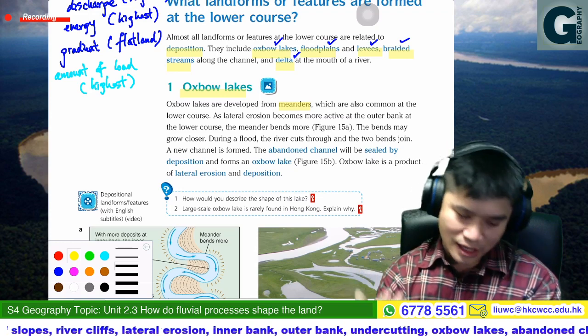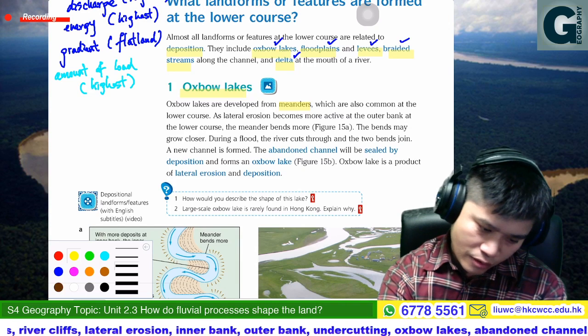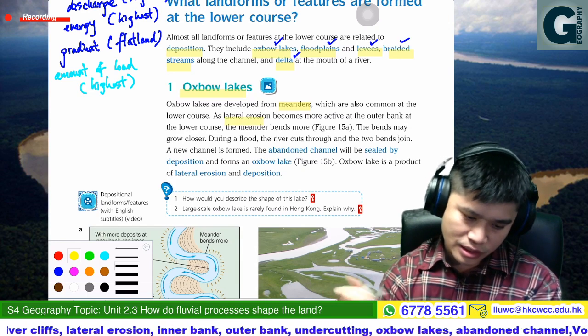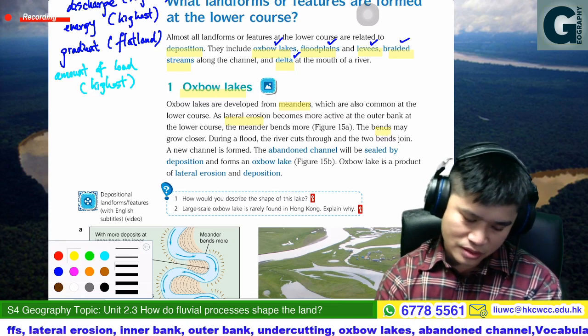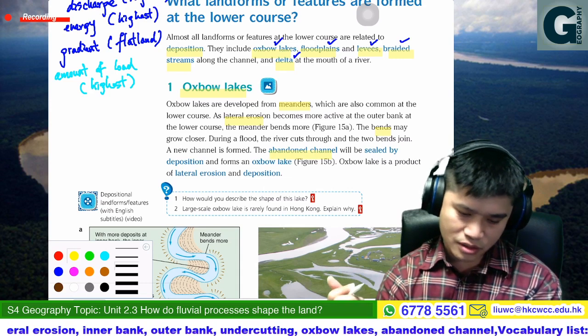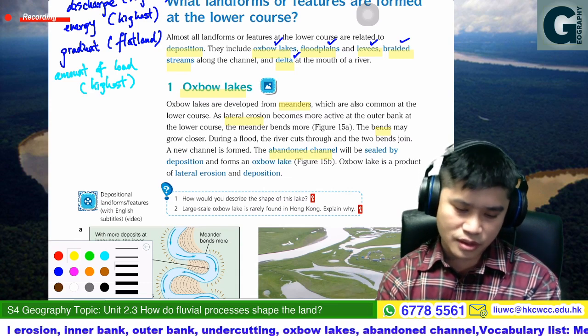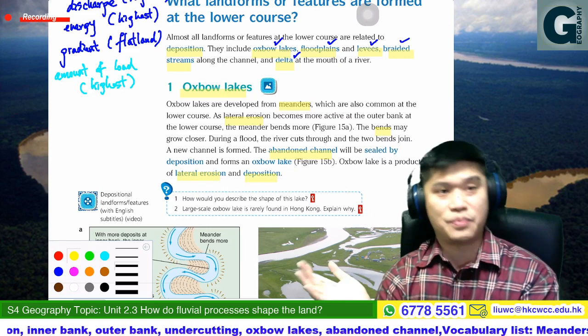I'll explain it later. Then lateral erosion, the river bends, the abandoned channel, and most important, Oxbow Lake is a product of lateral erosion and deposition.